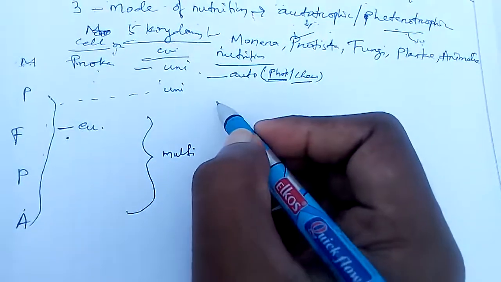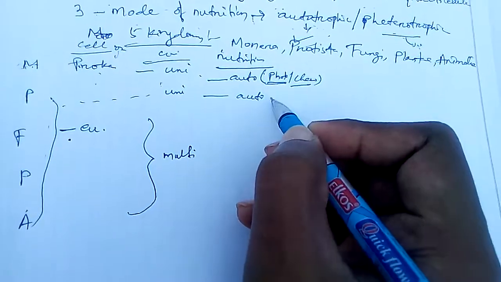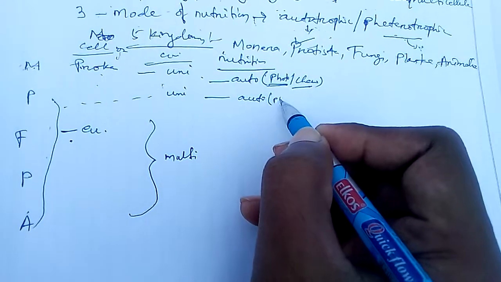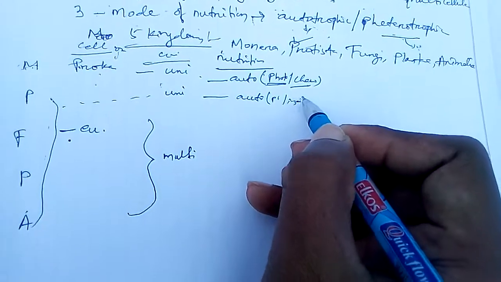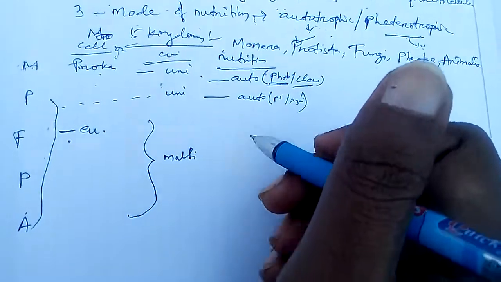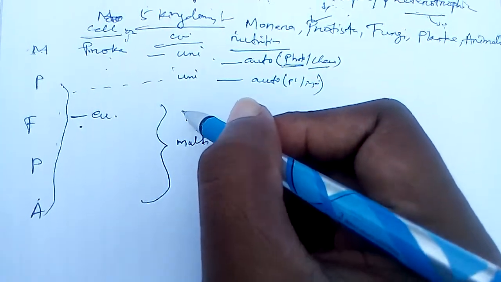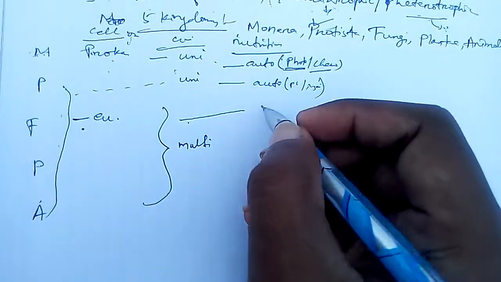Then Protista are also autotrophs. They also prepare their food by photosynthesis or by ingestion. Ingestion means taking up someone's food. That is called ingestion.